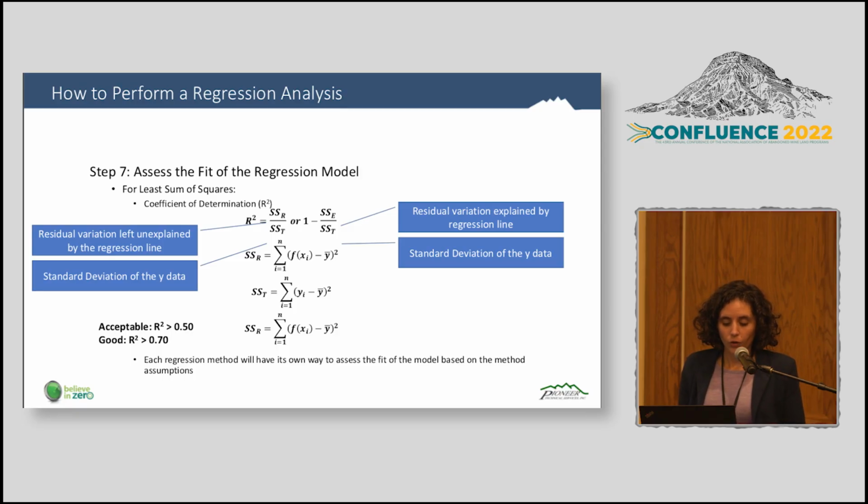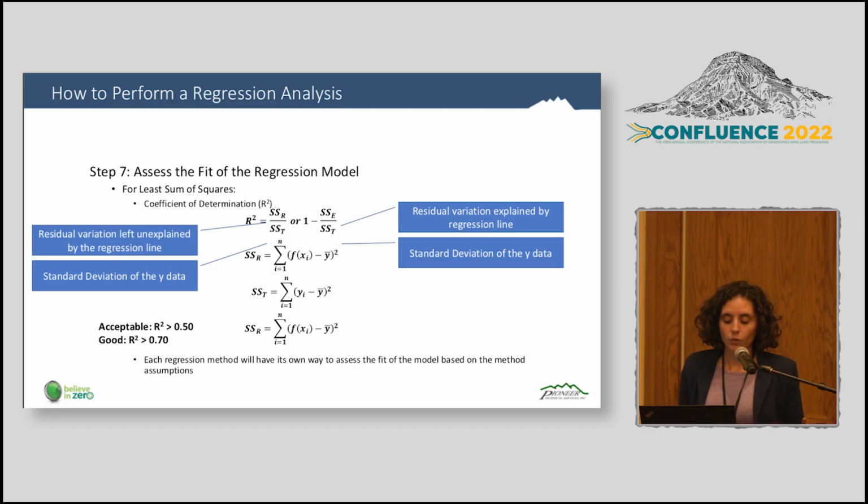But for least sum of squares, you're measuring the variance between the actual y data and your predicted y data, and dividing that by the variance in your y data set.